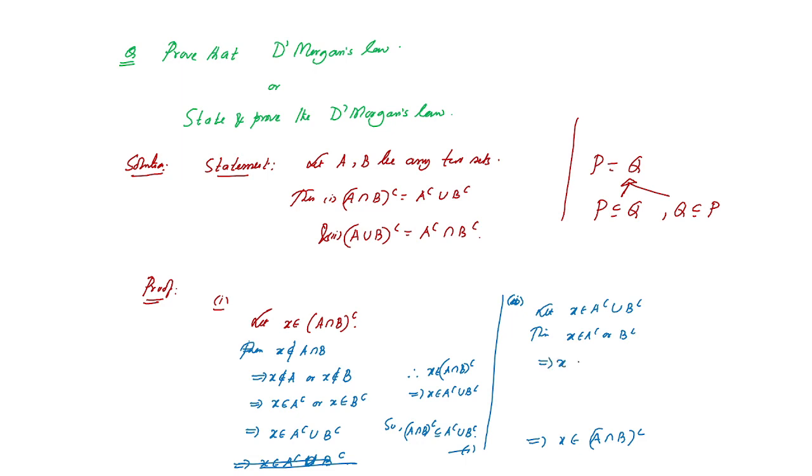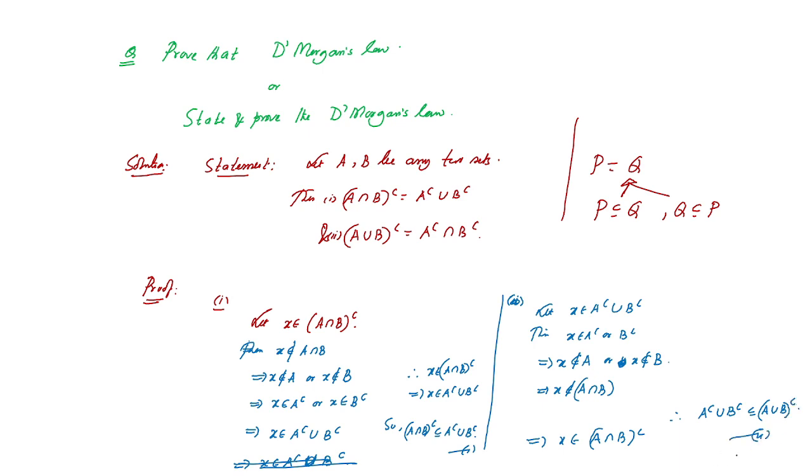That means X does not belong to A, or X does not belong to B. From that we can write X does not belong to A intersection B, and so X belongs to (A intersection B) complement. Therefore we have proved A complement union B complement is a subset of (A intersection B) complement.